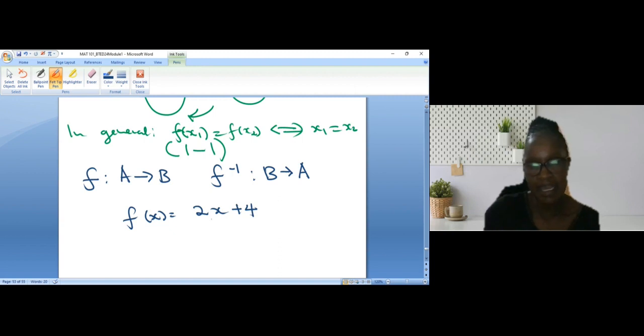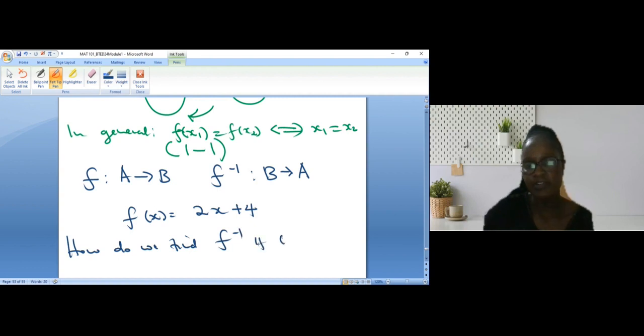So at any time, you'll have unique values for each value. Each value x has a corresponding unique value f of x. And so we can invert the function. So how do we find inverses? So how do we find f inverse if it exists?